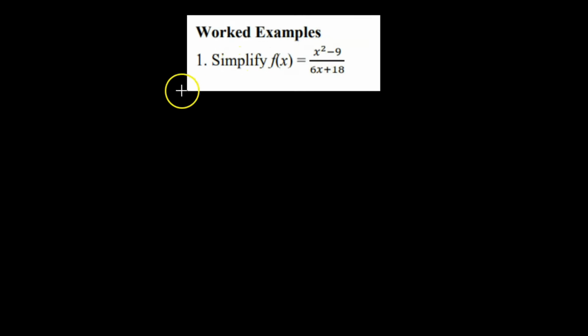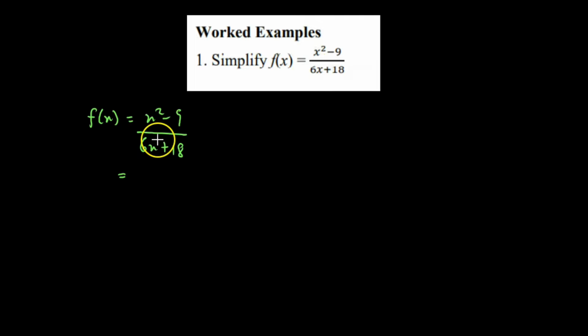So I have an example over here we need to consider. We have it as f of x equal to x squared minus 9 all on 6x plus 18. So if they say simplify, then it means that there's a way of reducing it automatically. So the numerator will definitely have a factor which is also in the denominator.